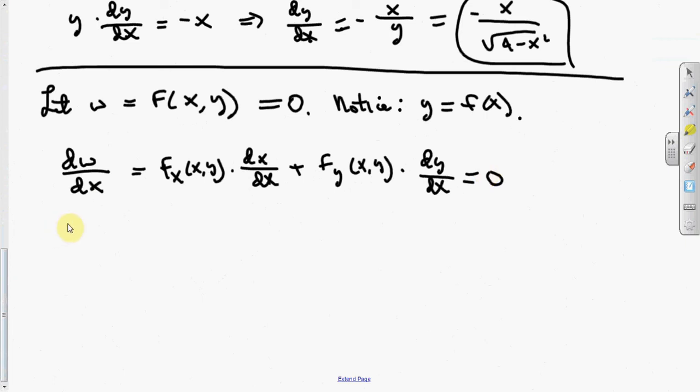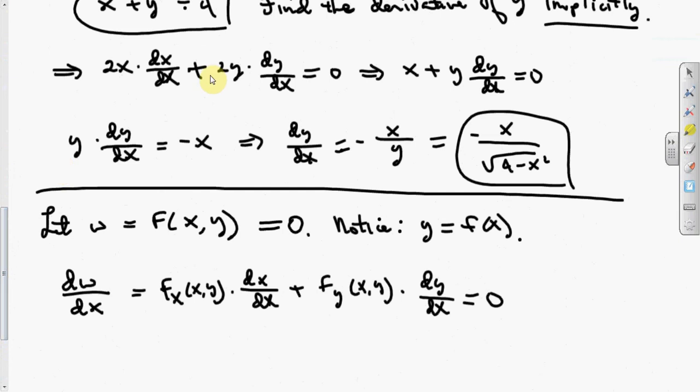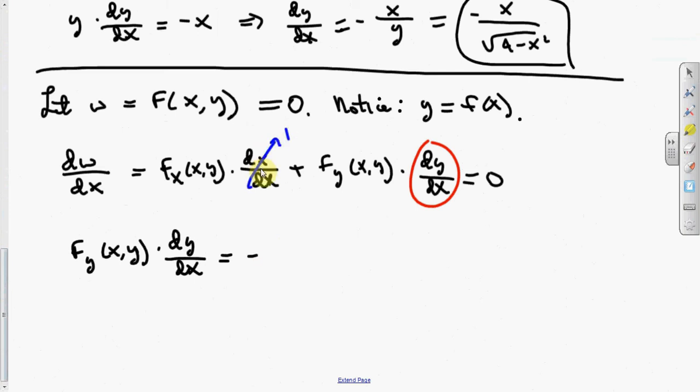So I want to get dy over dx by itself, the same argument that I just did up here. I'm trying to isolate this term. So I have the partial of f with respect to y times dy over dx is equal to negative. Now notice that this ratio dx over dx is just 1.